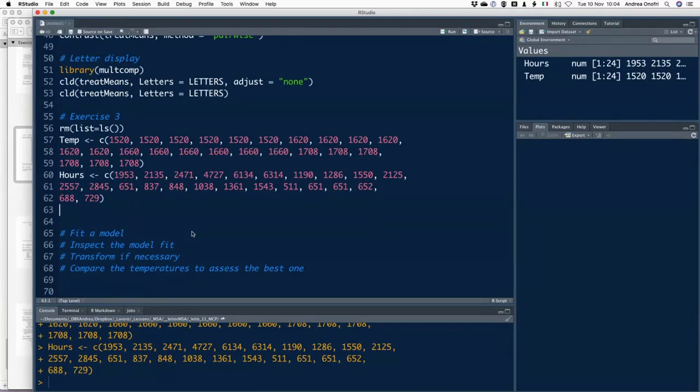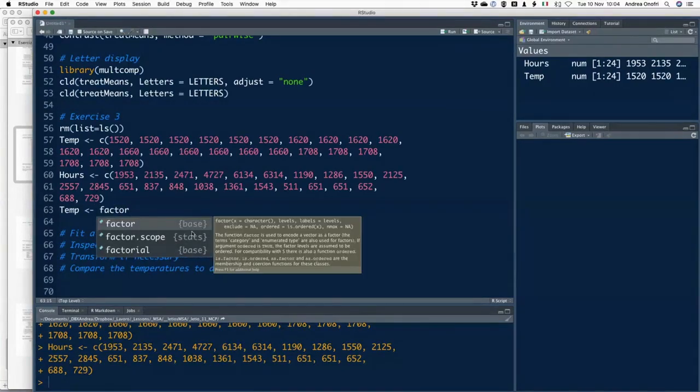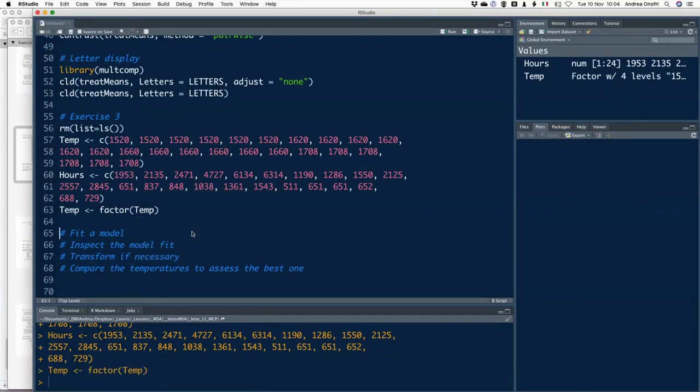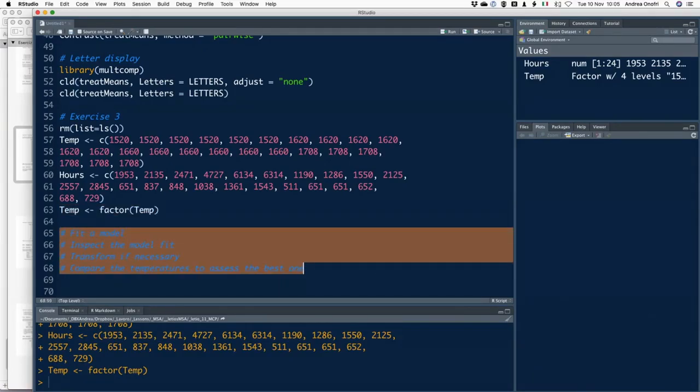So let's do this together. We take the temp and transform it into a factor. We need to do this. That's very important. Otherwise, if you do not do this, the model is wrong. So try to go yourself and do the exercise. This is what you have to do, and I give you 5 minutes. Then we do this together.